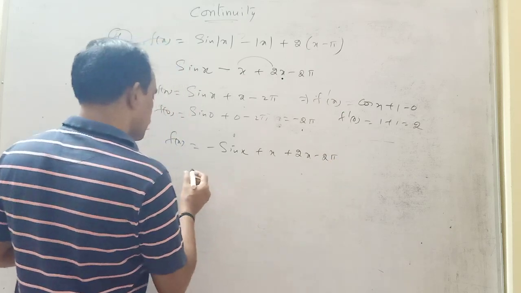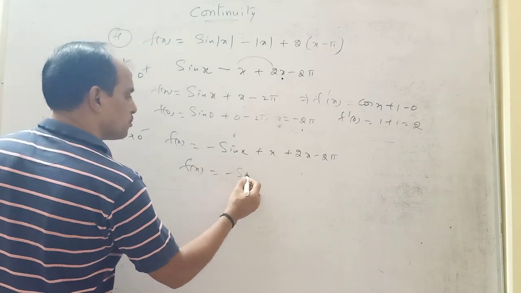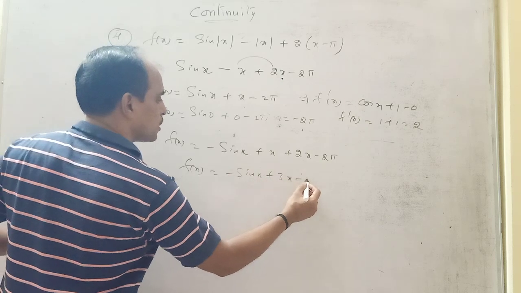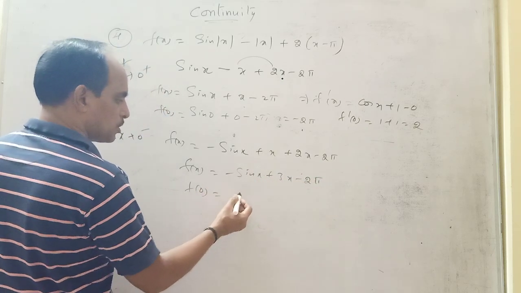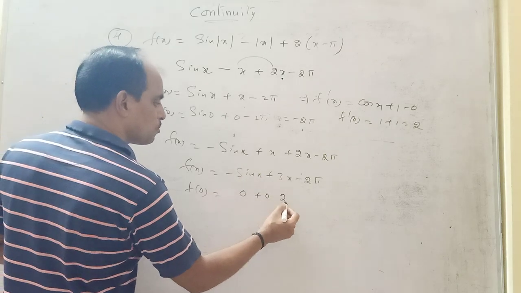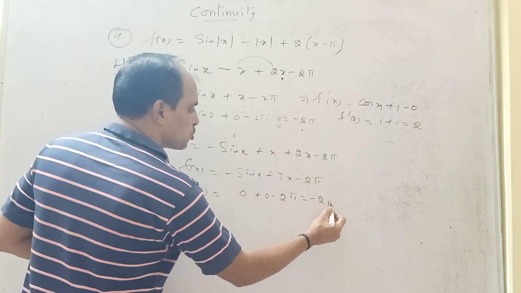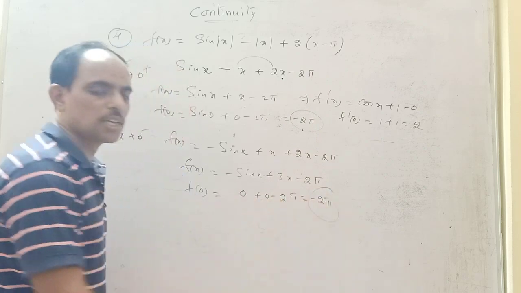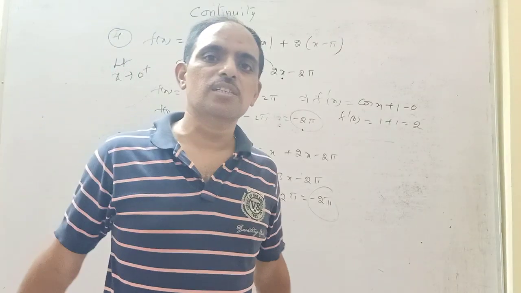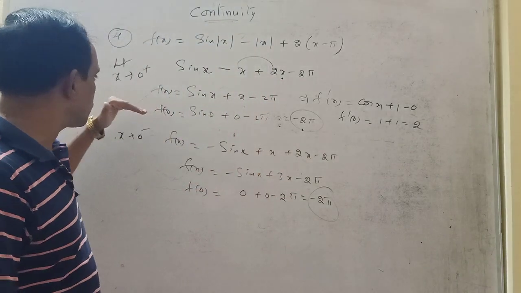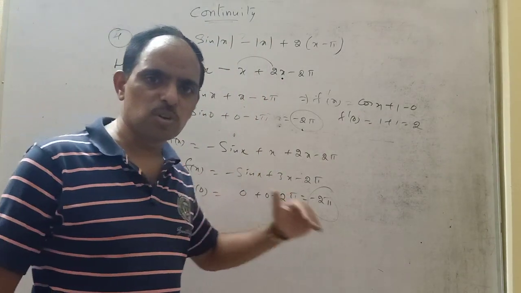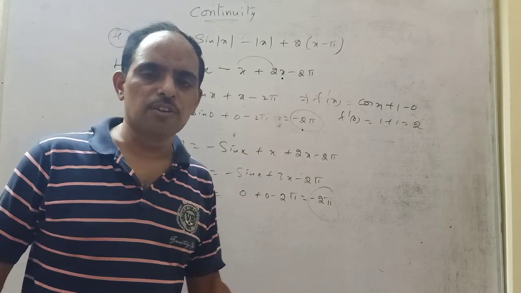The function is f of x equal to minus sin x plus 3x minus 2 pi. Then f of 0, substituting 0, is 0 plus 0 minus 2 pi, that is minus 2 pi. Here also minus 2 pi, so we can say that the function is continuous, because at 0 plus and 0 minus we are getting the same value. That means the function is continuous at x is equal to 0.